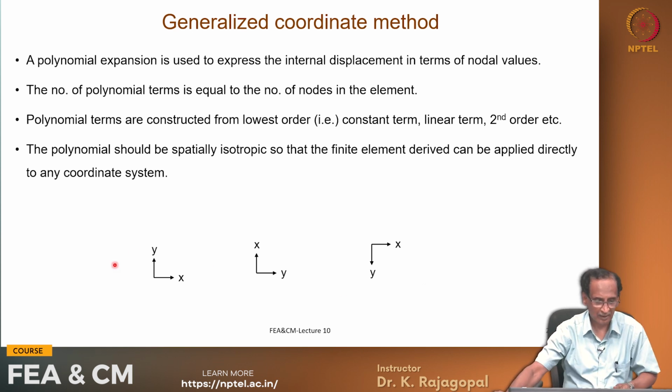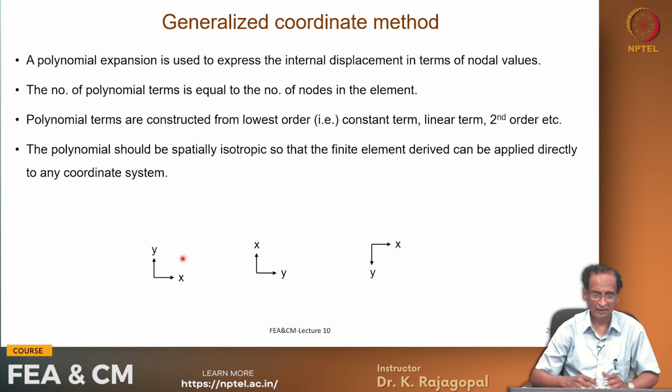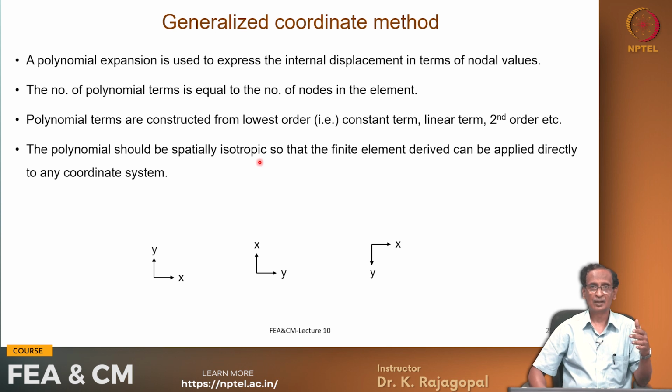If you get 10 millimeter displacement here, we should get the same 10 millimeters even with another coordinate system. Actually the value might change to minus 10 here, and here it could be plus 10, because our y direction displacements are changing. Other than that, the values themselves should not change, and that is what we mean by a spatially isotropic coordinate system. Whatever coordinate system we have, we should get the same value.